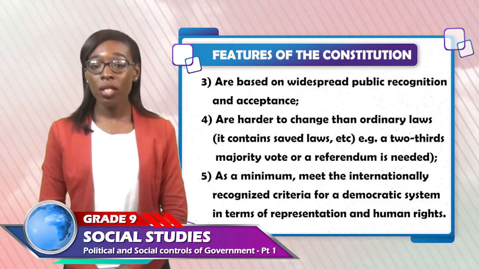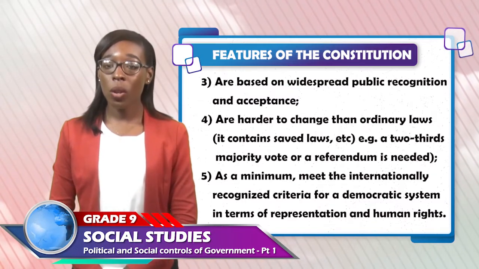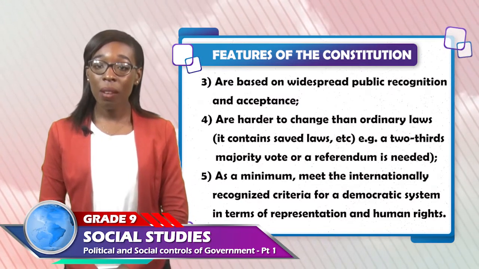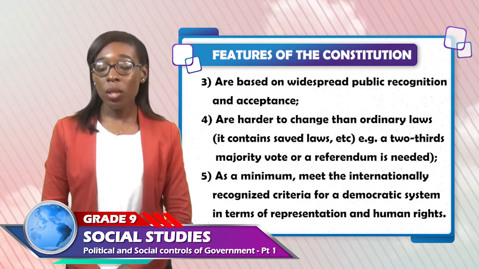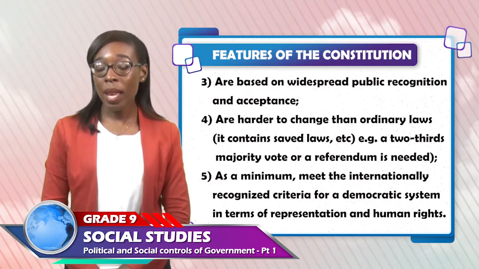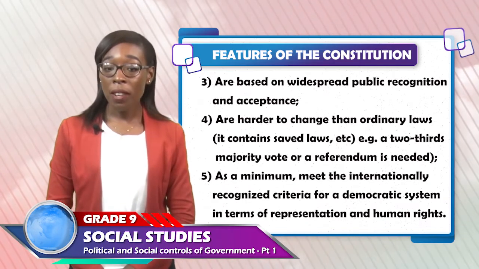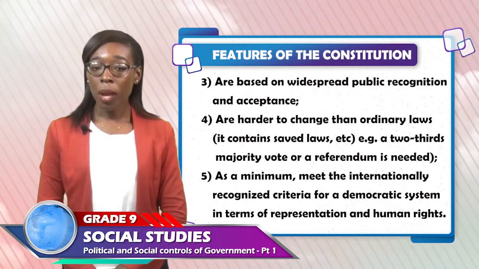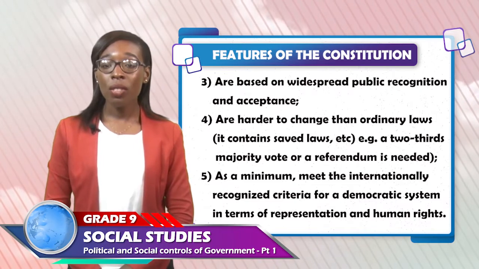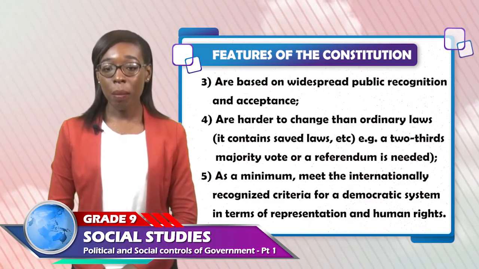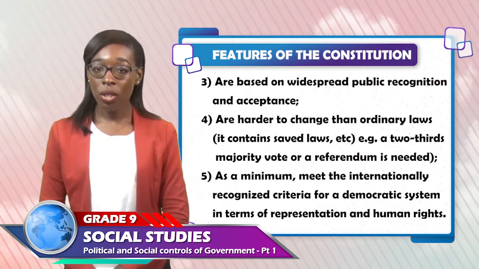Are harder to change than ordinary laws. It contains what are called, for example, saved laws, and so the Constitution is not easily amended as some of our other laws. 5. As a minimum, meet the internationally recognized criteria for a democratic system in terms of representation and human rights.